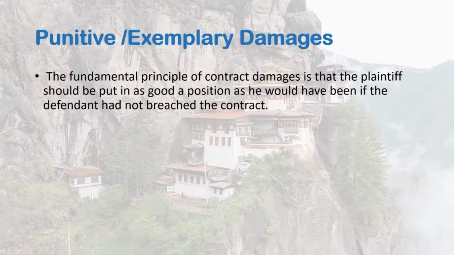But all of these terms describe money damages awarded in excess of the amount needed to compensate the plaintiff for his injuries. So basically these are terms used in terms of payment of damages in monetary terms, in excess of what is to be compensated. And as a general rule, the terms punitive damages and exemplary damages can be used, as I told you, interchangeably.